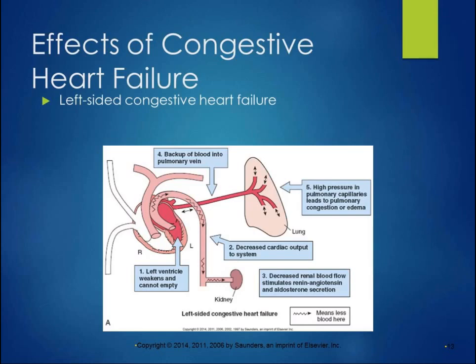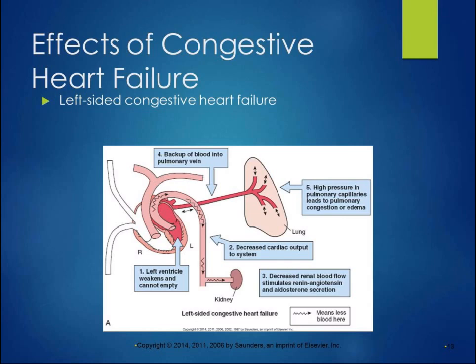If you have left-sided congestive heart failure, the left ventricle weakens and can't fully empty. So it decreases cardiac output to the systemic circulation. Decreased renal blood flow stimulates renin-angiotensin-aldosterone secretion, which increases your blood pressure, right?